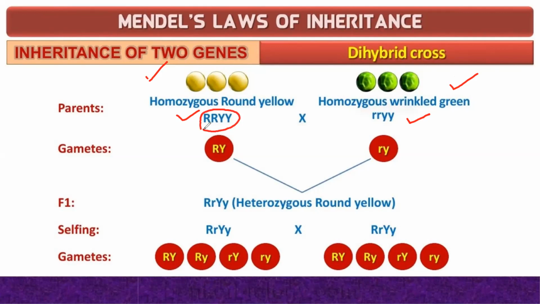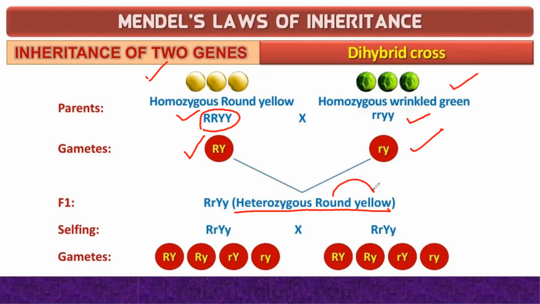There is no variation in the gametes, so all the gametes will be capital R and capital Y. Same with the homozygous recessive. In the F1 generation, we will have heterozygous dominant phenotype. Dominant is what? Yeah, round and yellow.